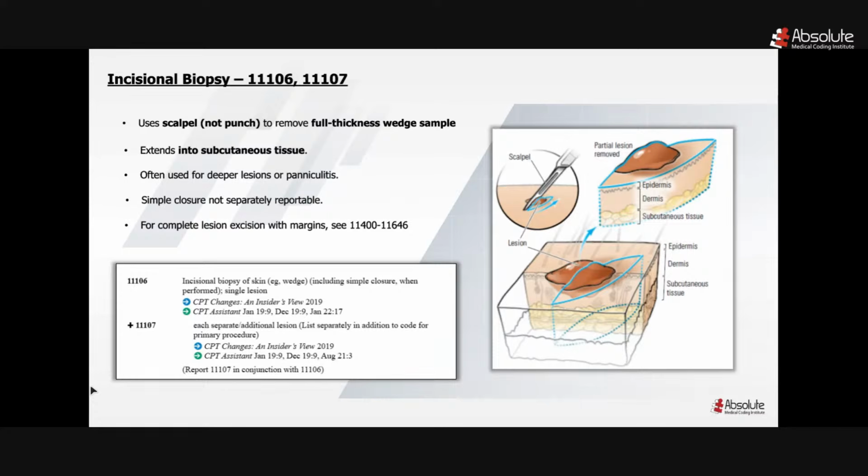This makes it ideal for deeper lesions or conditions like panniculitis. The purpose is also diagnostic, similar to the other two. A simple closure is usually performed, but it is not reported separately. Simple closures are included in these codes.